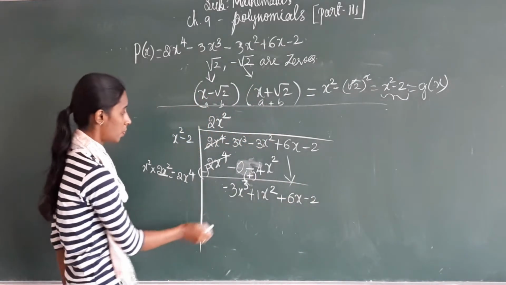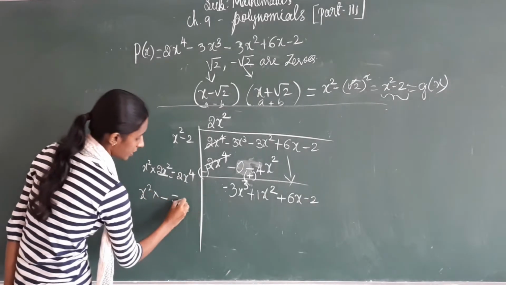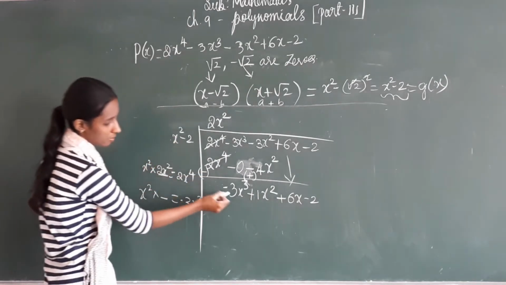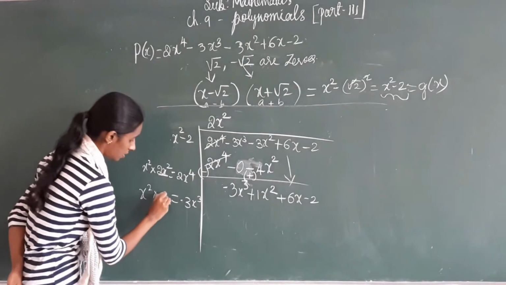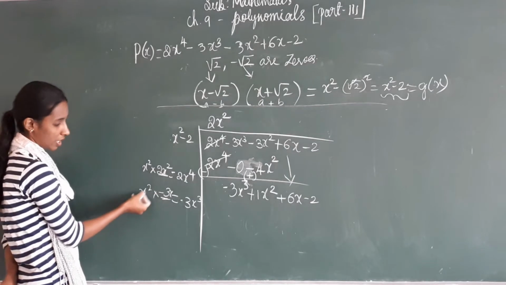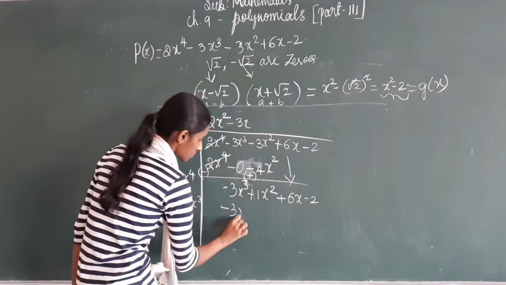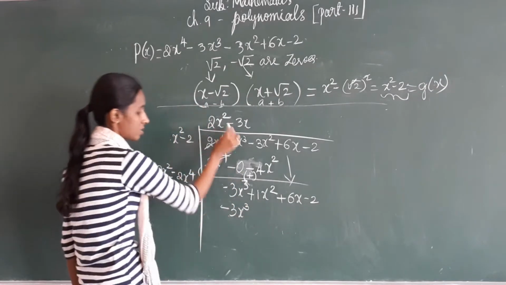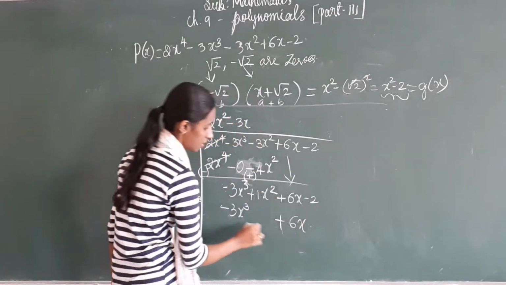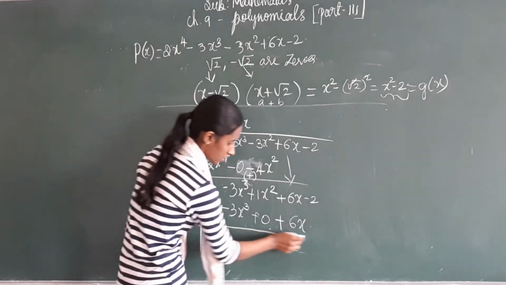Now x² into some number should give you minus 3x³. What is that number? Minus 3x, since minus 3x into x² is minus 3x³. Now minus into minus is plus, 2 into 3 is 6x. I write it here because there is no x² term.